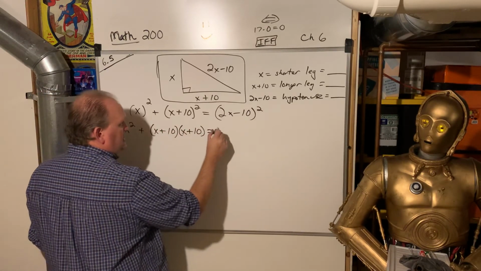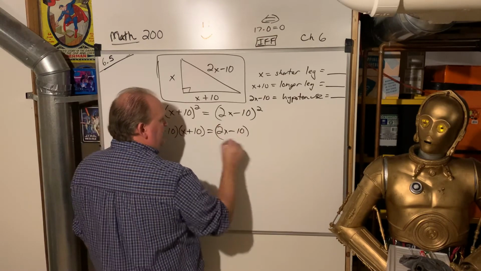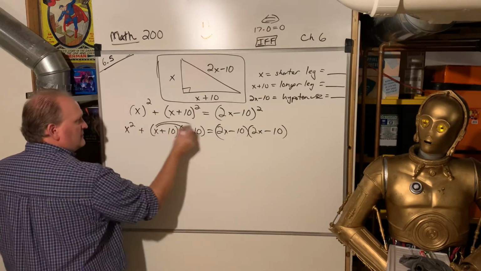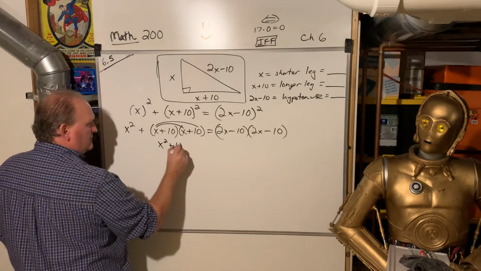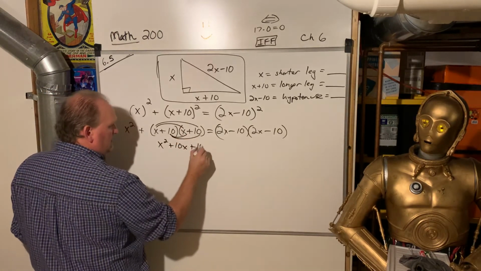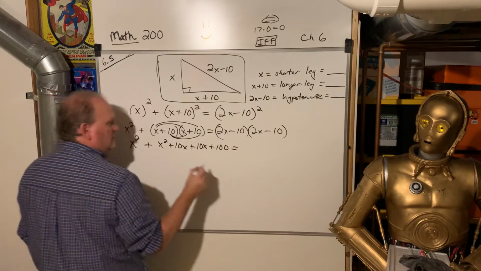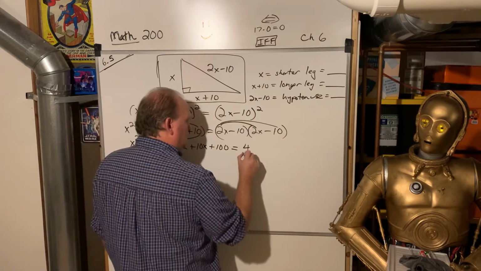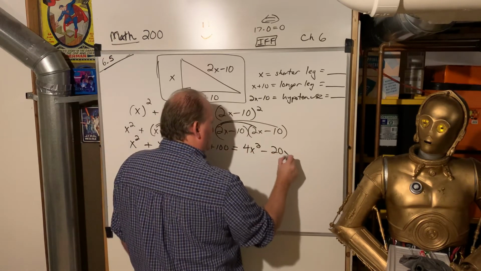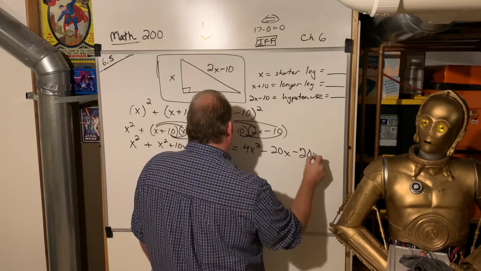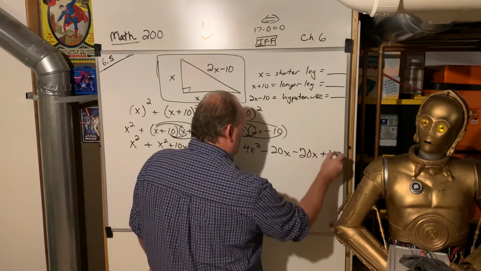That's going to be a little tedious. 2x minus 10 times 2x minus 10, also a little tedious. Zoinks.